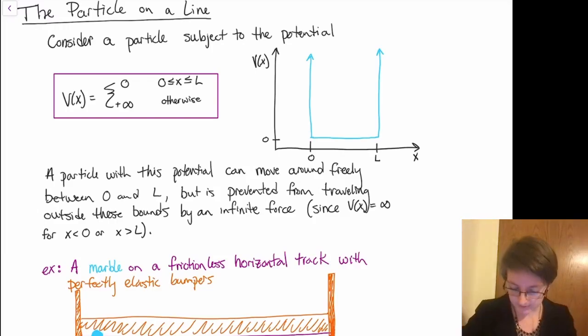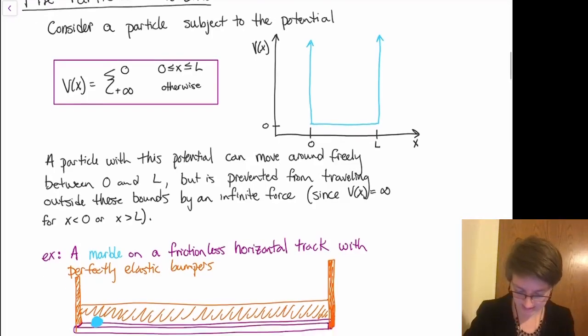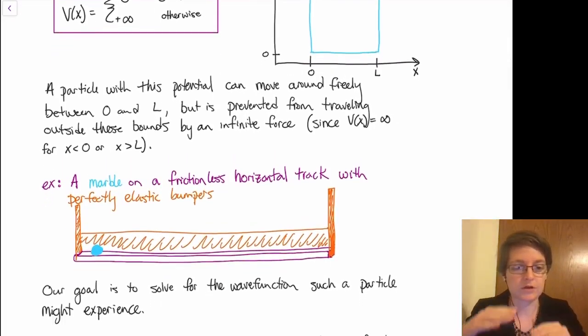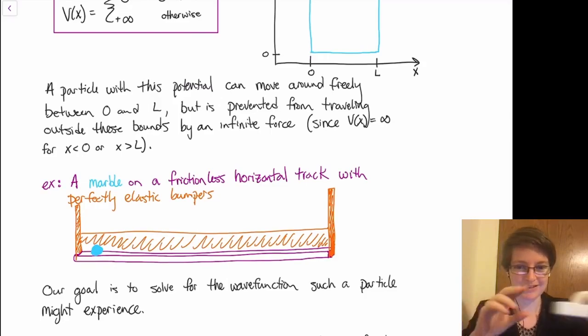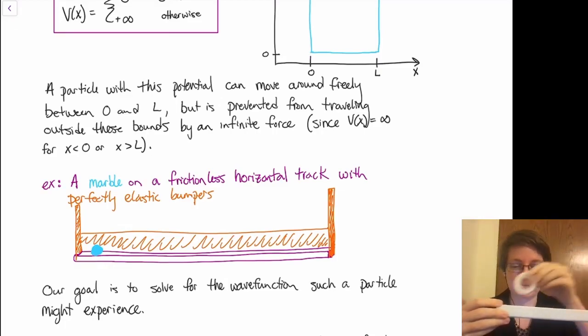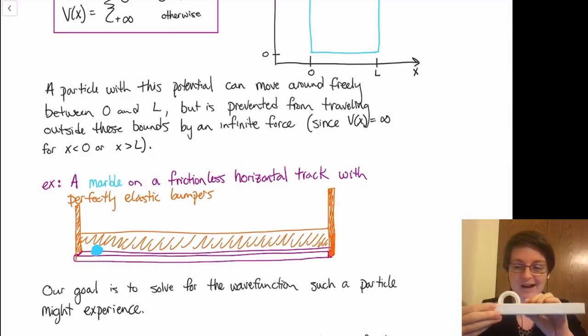So a couple different examples of where you would see this in real life is, for example, a marble that's rolling around on a frictionless horizontal track with perfectly elastic bumpers. Or, although I'm limited in the materials that I have available to me in my apartment, and I'm also unable to provide you with a completely frictionless surface, I have taken a little box here and put a tape dispenser in it, real DIY.